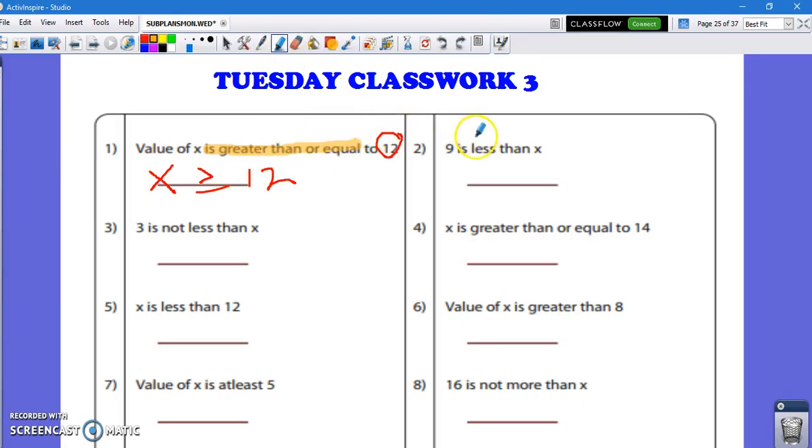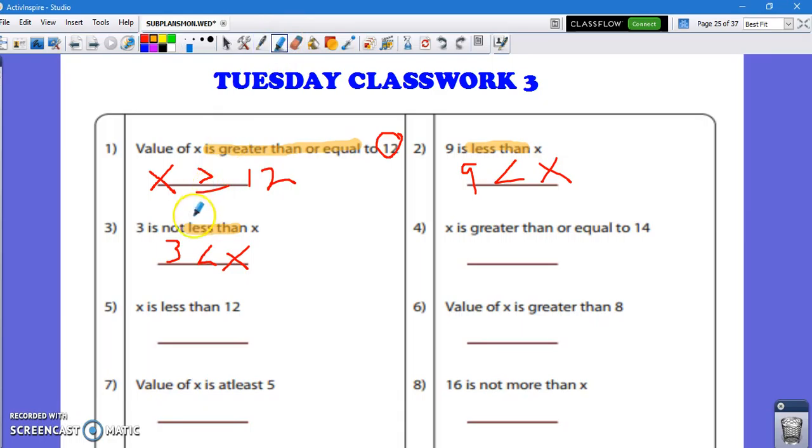Let's try the number 2 over here. 9 is less than, so you have your less than sign. 9 is less than x. 3 is not less than x. Just because you see less than, you got to be careful. If you're just looking for the keyword and going just like this, what you're saying is 3 is less than x.